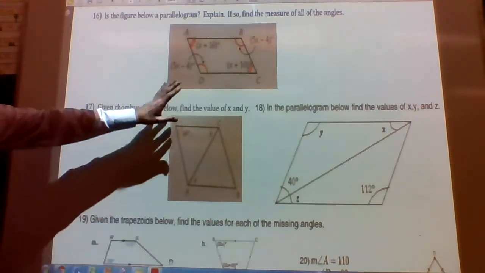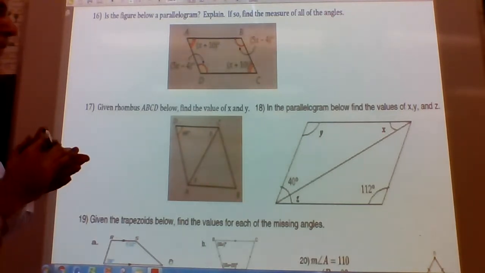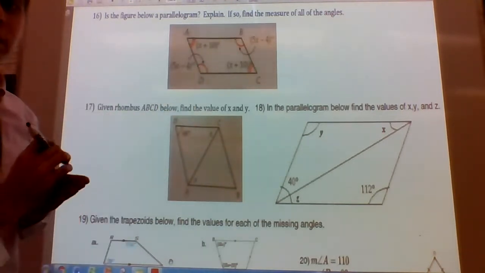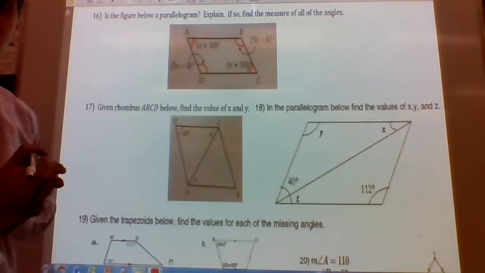All right, focus on the last 7 problems here. Is the figure below a parallelogram? Explain. If so, find the measure of the angles. If it's a parallelogram, the opposite angles are congruent, but that's not going to help us because those would just cancel out if we made an equation. So we got to use the property that consecutive angles are supplementary.